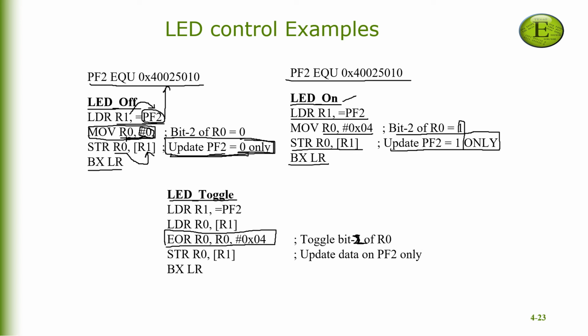So take an exclusive OR of R0 with hex 04, which is only going to flip bit number 2 of R0. All of the other bits remain unchanged. Write back, and that is going to update the logic value on bit number 2 of port F. Return to the caller.